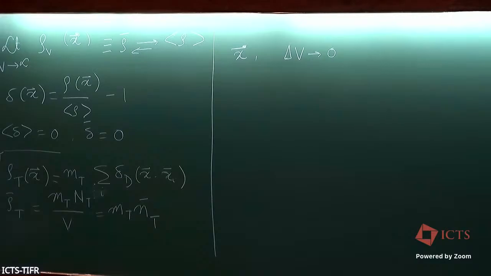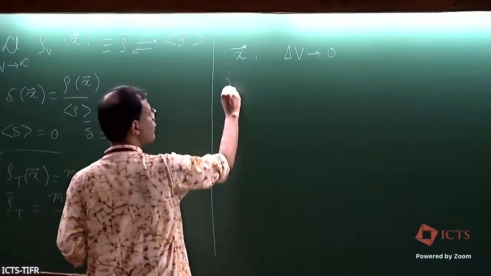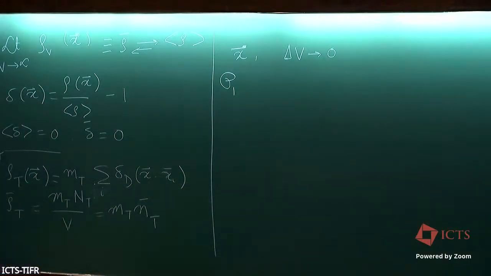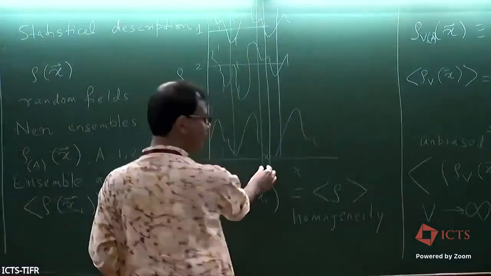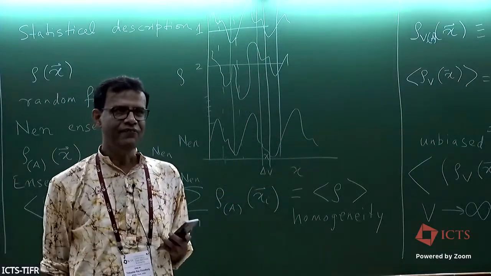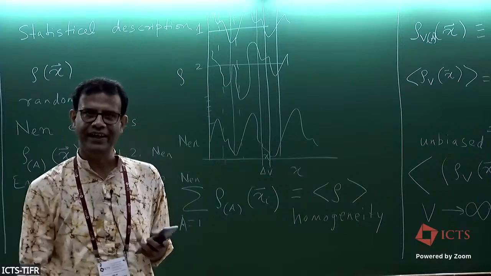Now I ask the question, what is the probability of finding a tracer in that delta V? So what you will do is, take this delta V, go to each realization and find if there is a tracer there or not.